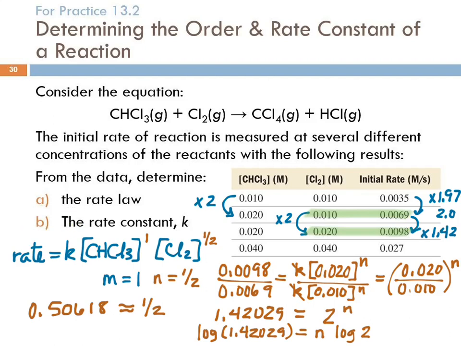How do we figure out what the rate constant is? Well, here we've got 4 sets of points. We could choose any one of those, plug in the rate and these concentrations, and solve for K.